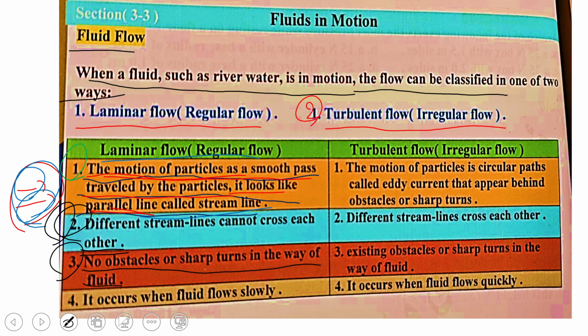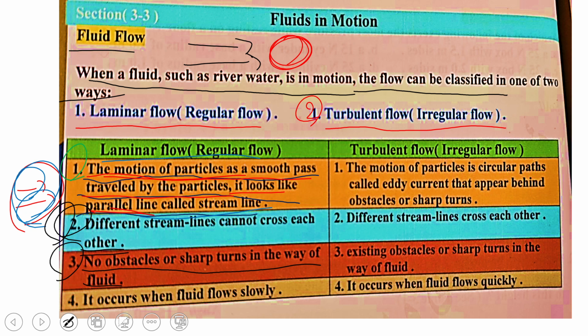Why is it not flowing randomly or irregularly? What is the reason? The main important reason is this. Look, the water is moving in this direction because no object or nothing comes on the way in here.